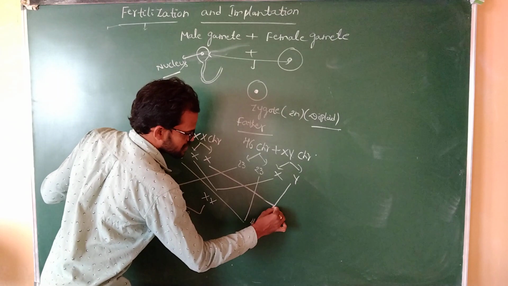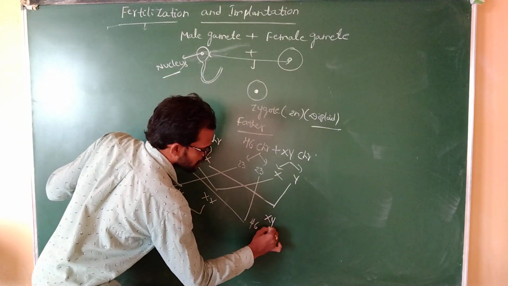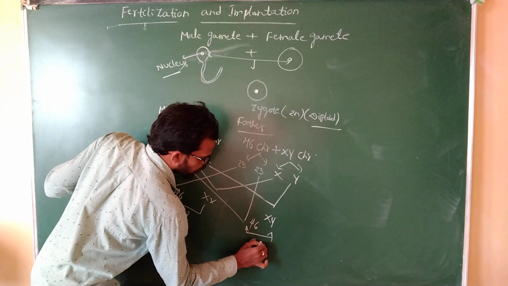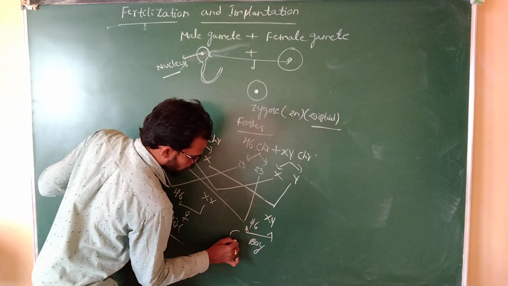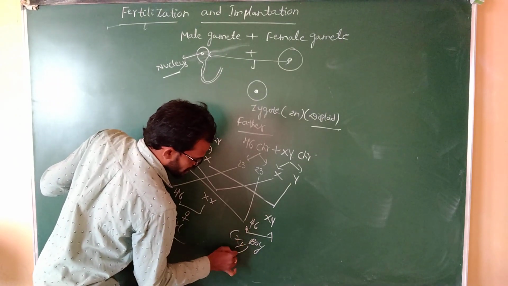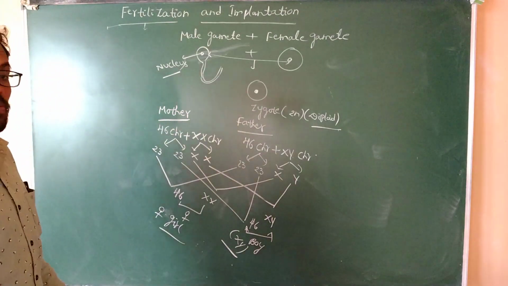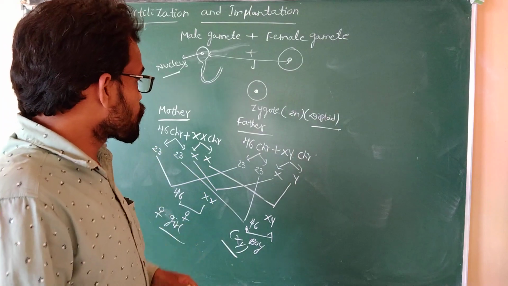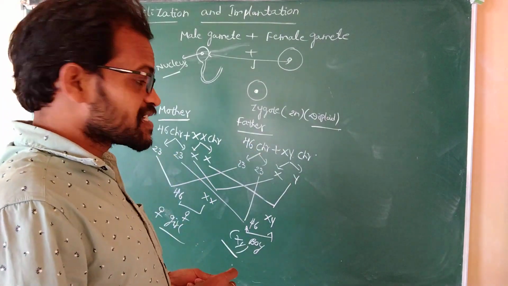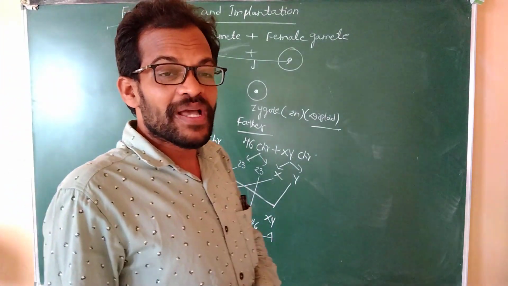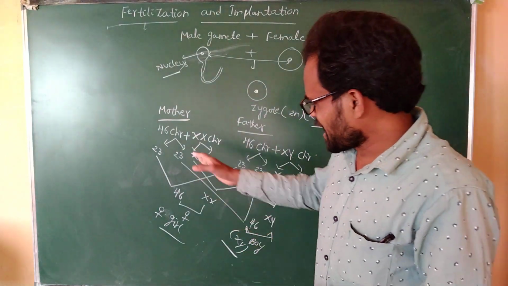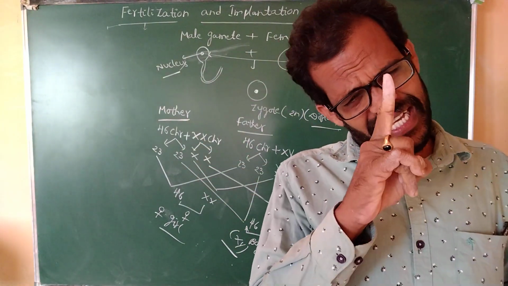X and X fused into X and Y indicates a boy, with XY chromosomes. The mother has XX chromosomes and the father has X and Y. XY means the two chromosomes are different. In the mother, the XX chromosomes are the same.